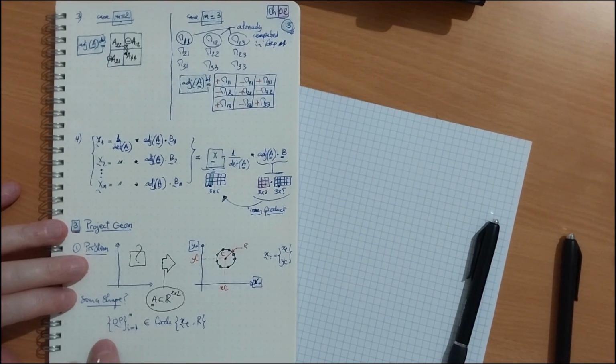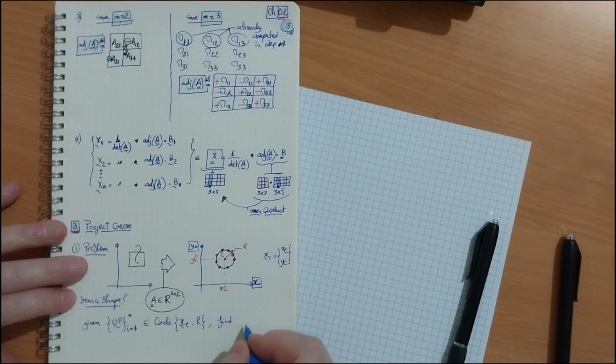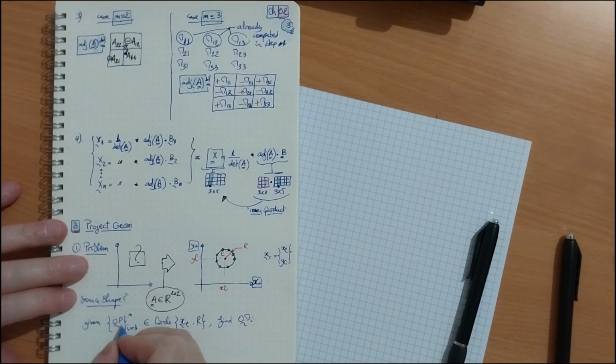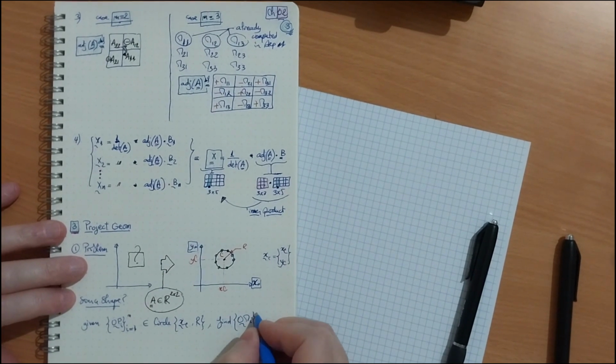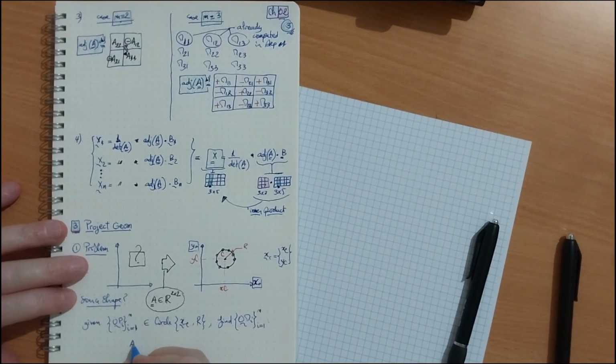So given a family of points on the circle, find the family of points OMi, i from 1 till n, such that the mapping of each vector OMi is OPi, for i from 1 to n.